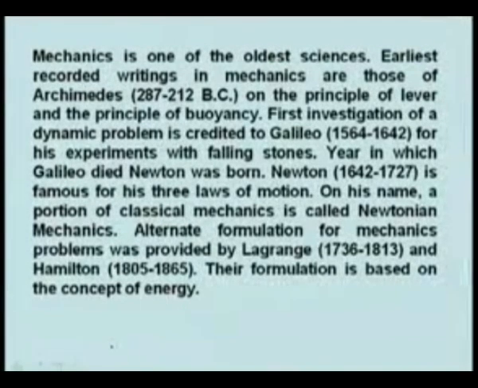Later on, alternate formulations for mechanics problems were provided by Lagrange, who was born in 1736 and died in 1813, and Hamilton, from 1805 to 1865. Their formulations are based on the concept of energy.